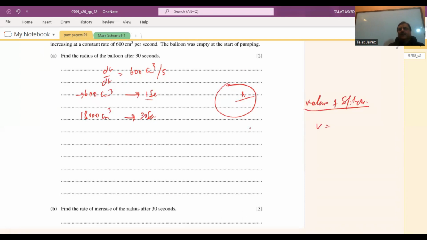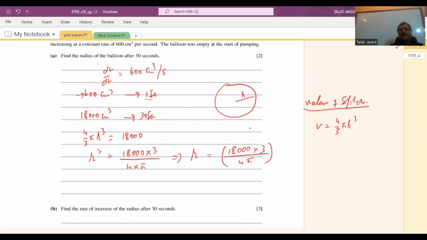Volume of a sphere is 4 over 3 pi r cube, equal to 18,000. So r cube equals 18,000 multiplied by 3 divided by 4 pi, which implies that r equals (18,000 multiplied by 3 divided by 4 pi) raised to power 1 by 3.